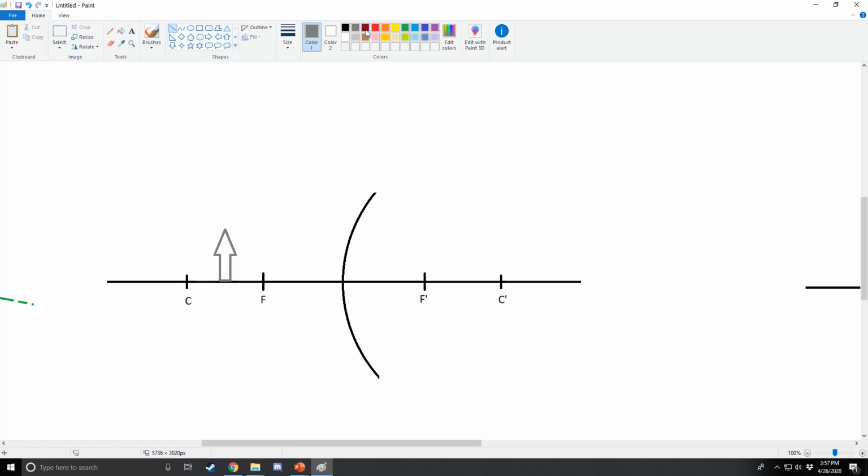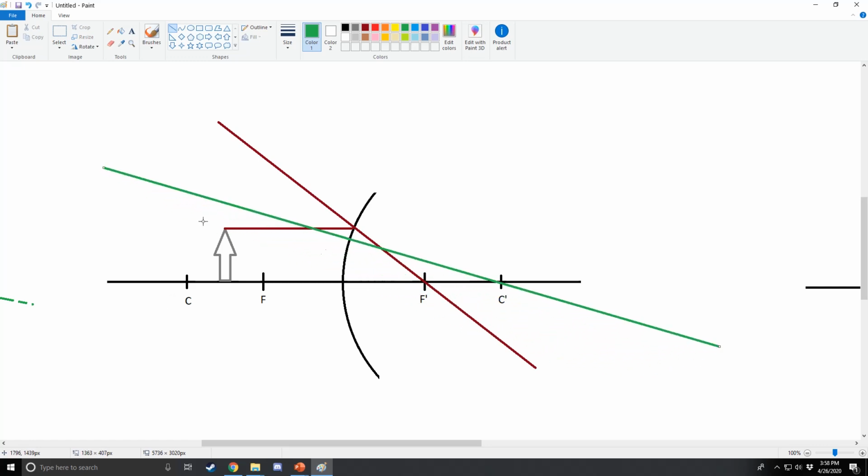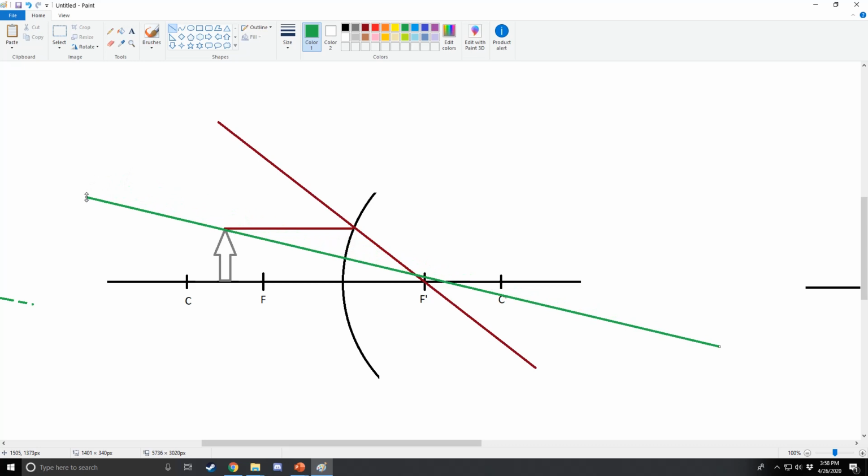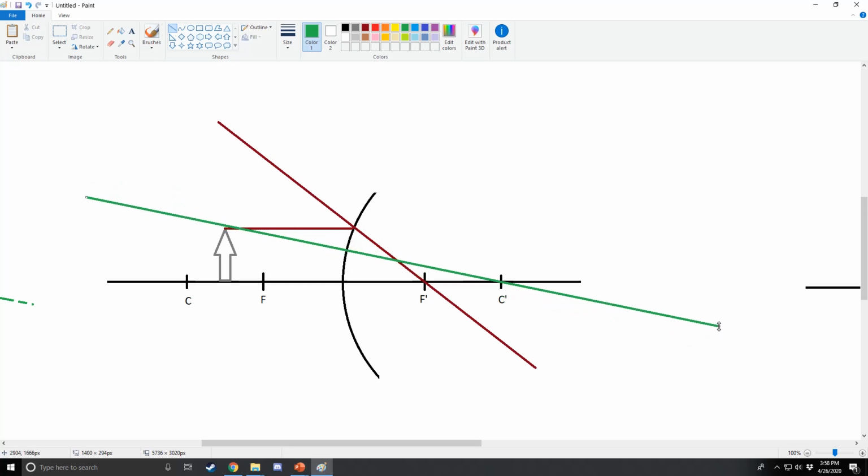So my first drawing is going to be a parallel line and then through the focal point. Pretty close on that one. There you go. I'm not going to erase them this time, to save some time. Next, through the center of curvature. Try to get that a little bit closer.